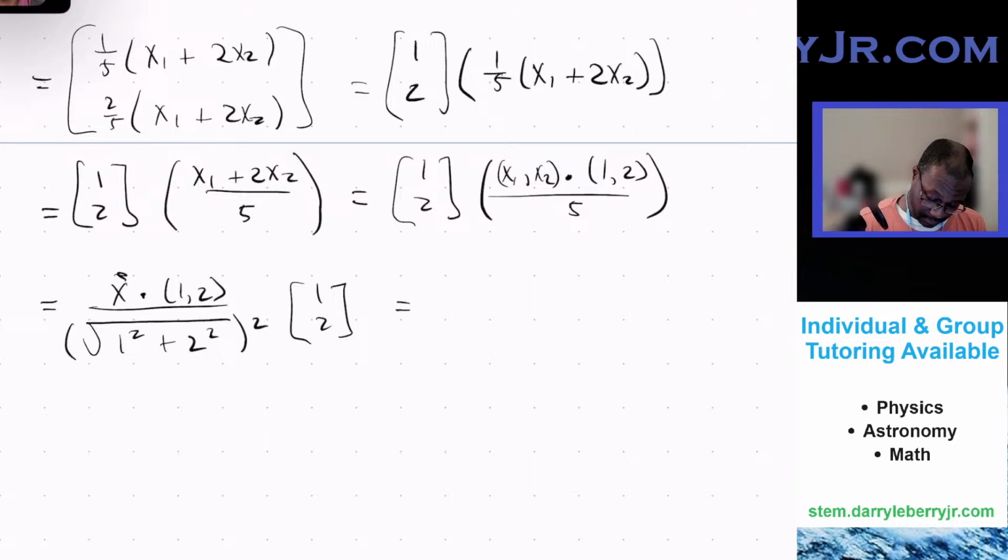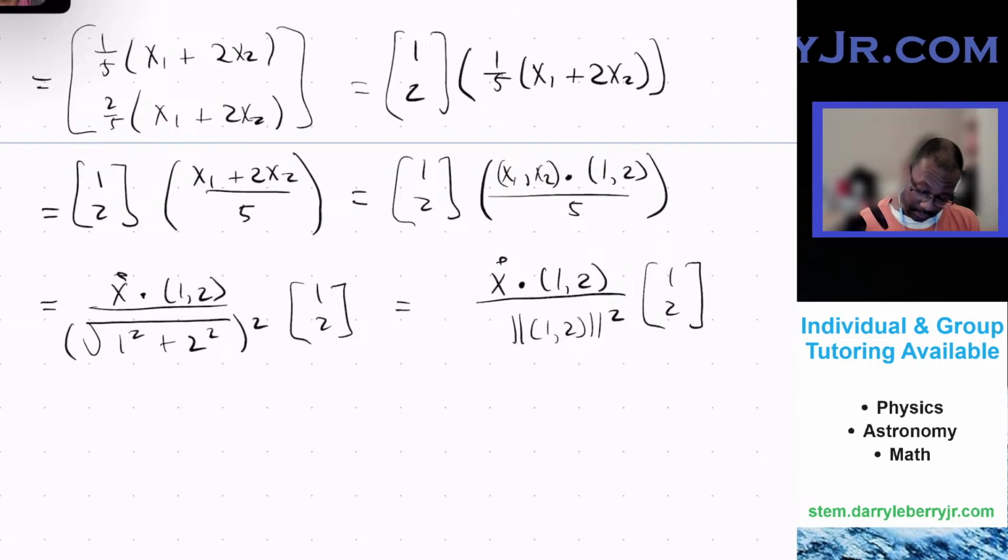So that equals x dot 1, 2 over the magnitude of 1, 2 squared, times 1, 2.